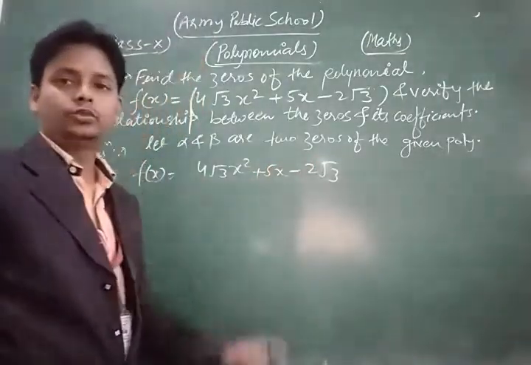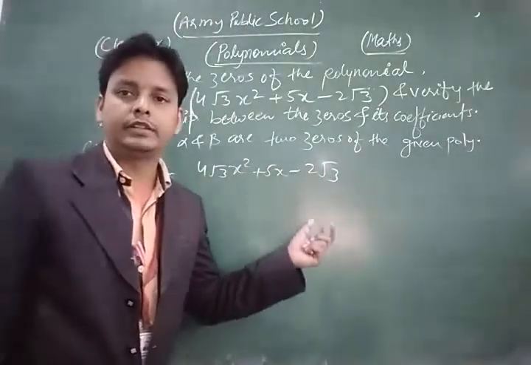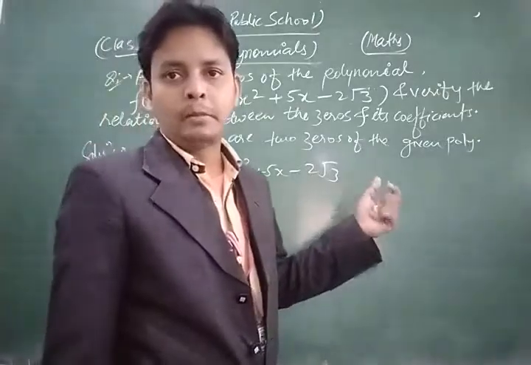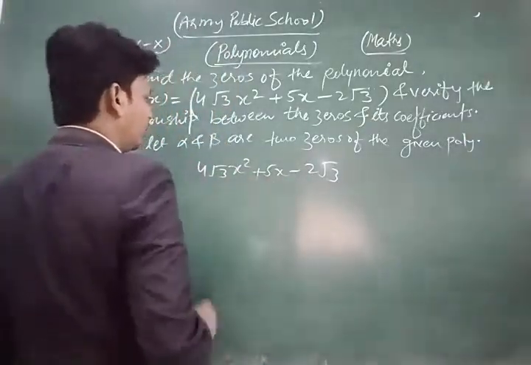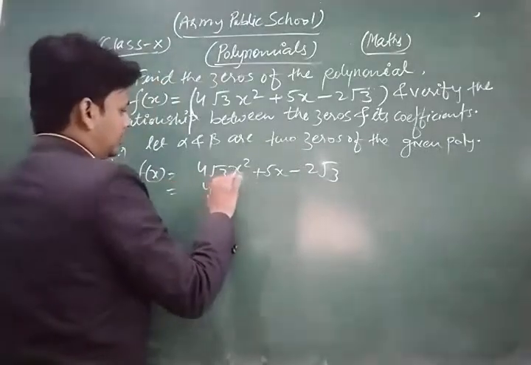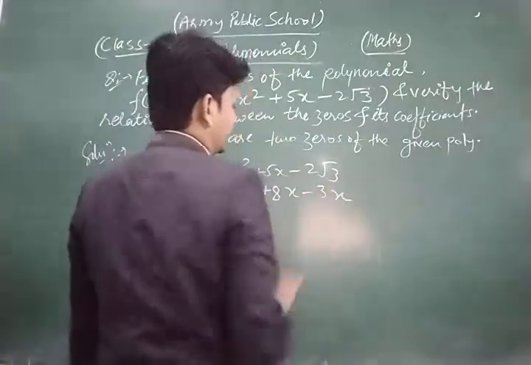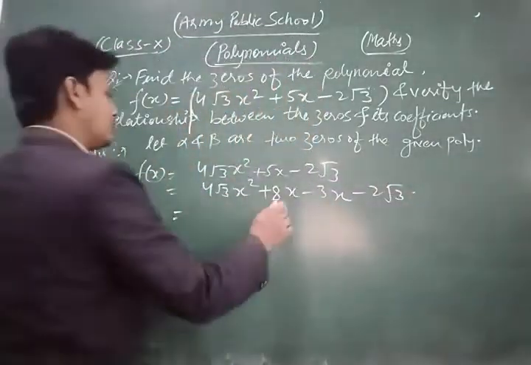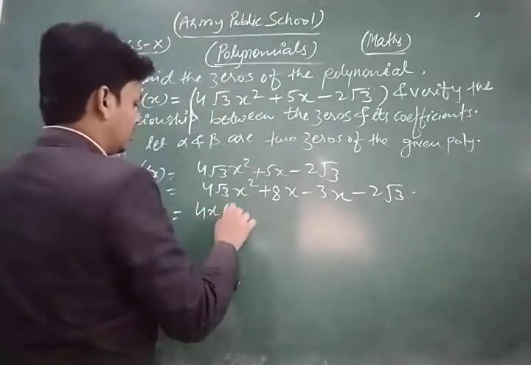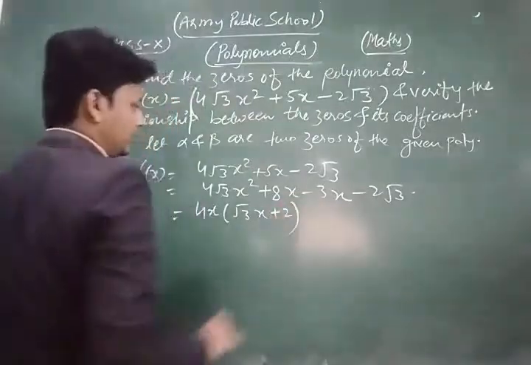First of all we factorize it using the splitting of the middle term. Look here, 4 into 2 is 8, and 8 and 3. So this is plus 8x minus 3x and minus 2 root 3. Now from the first two terms we take 4x as common, so root 3 x plus 2 is left.